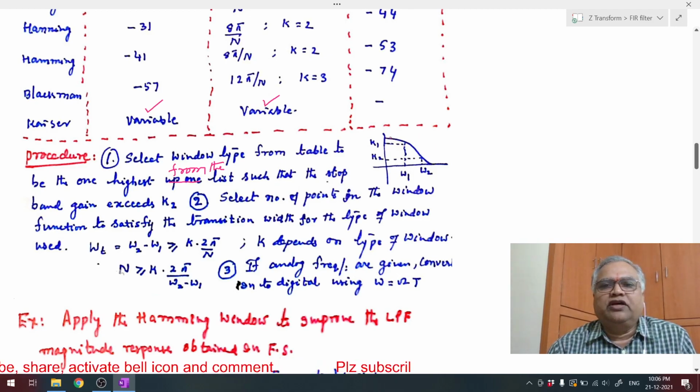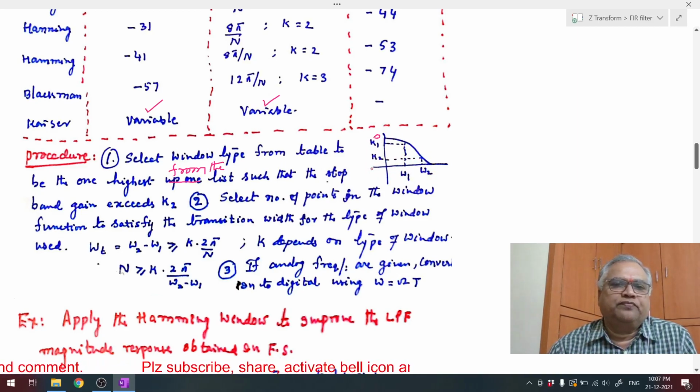This is the rough graph of the frequency response given. K1, this is 0, so 0 to K1 is the passband variation. K2 is the stop band attenuation. Corresponding to K1 is omega 1, corresponding to K2 is omega 2. Keep these things in mind.